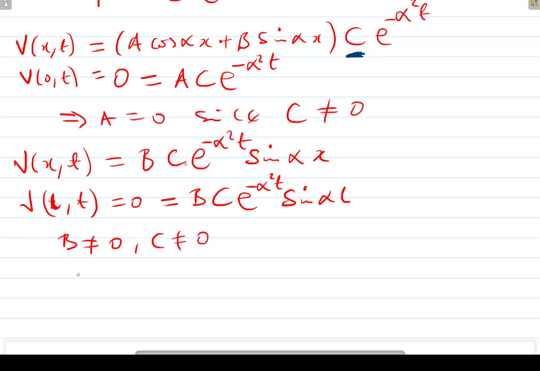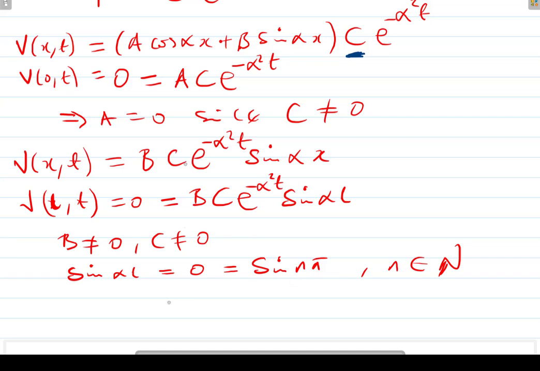So what does it mean? It means that sine alpha L is the one which is 0. Now this implies that it is equal to sine n pi for all n natural numbers, when n is 1, 2, 3, 4, 5, 6, 7, 8, and so forth. So this is 0.